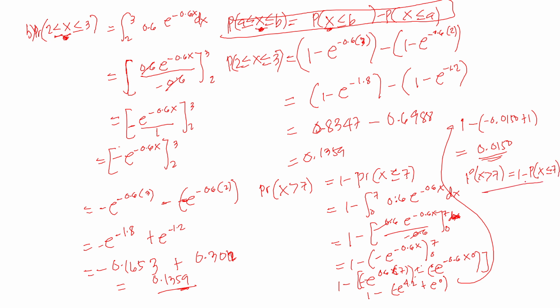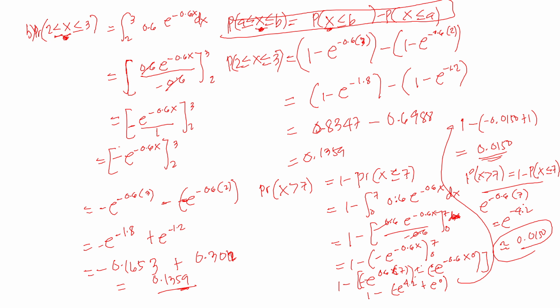So we could have that immediately as e raised to negative 0.6 times 7, which is equal to e raised to negative 4.2, or approximately 0.0150.